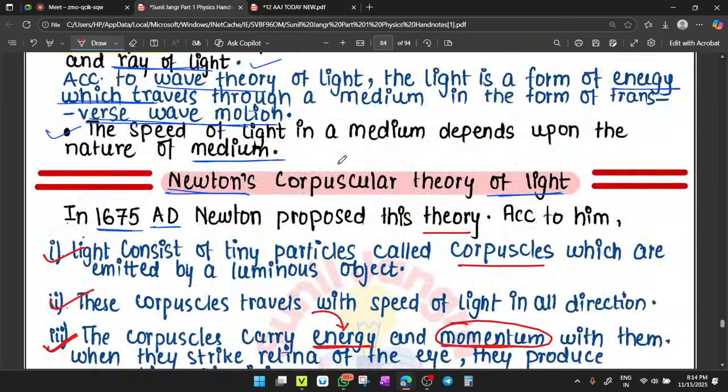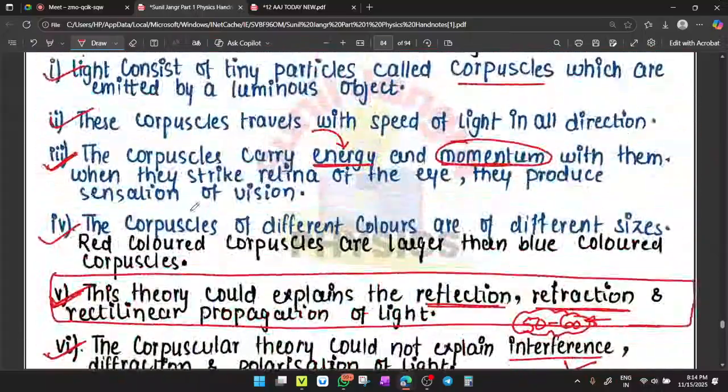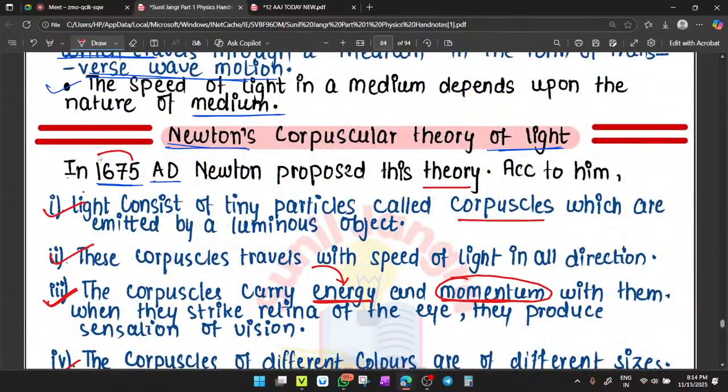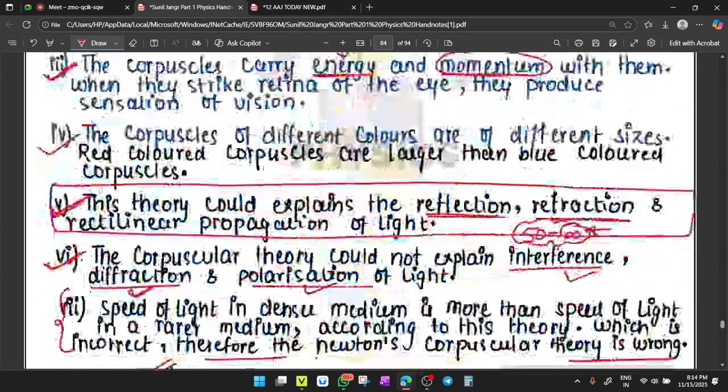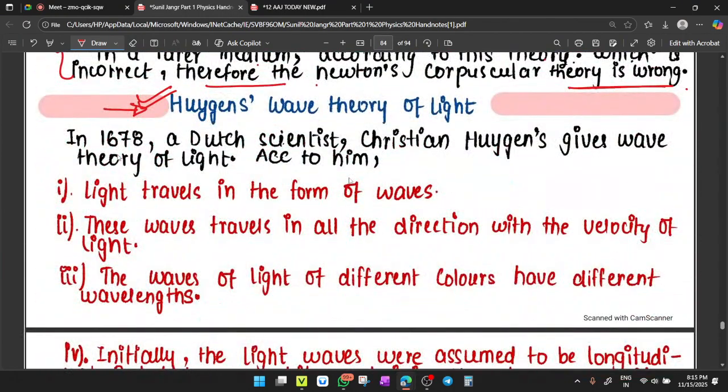In 1675, Newton gave his corpuscular theory, and in 1678, three years after it, Huygens proposed his wave theory.